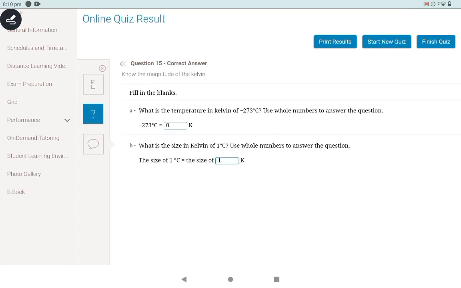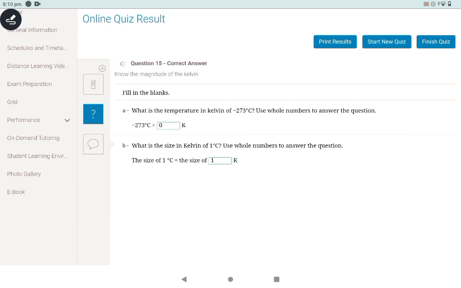This one: what is the temperature in Kelvin of negative 273 Celsius? When you convert from Celsius to Kelvin, always add 273. So negative 273 plus 273 is 0. And the size in Kelvin of 1 Celsius: what they mean is that when we change the Celsius by 1, the Kelvin will also change by 1.